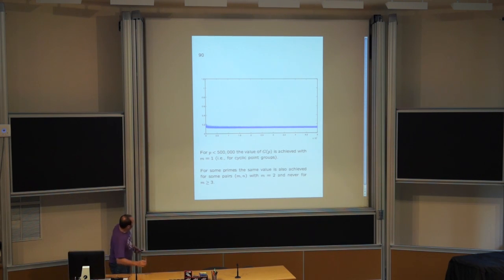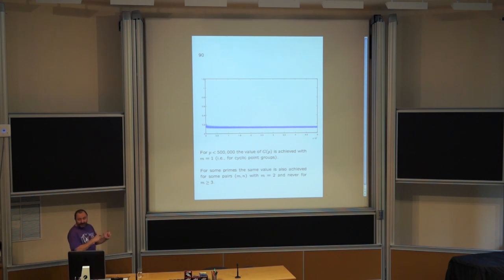What was interesting to discover is that cyclic groups usually are the most common structures, which means that M is 1. So G of Q and 1 almost always wins. But not always. Almost always, but there are some exceptions when M equals 2 was the winner.